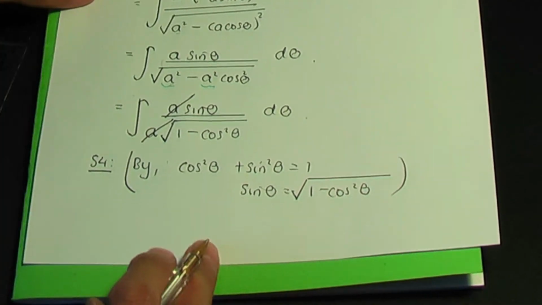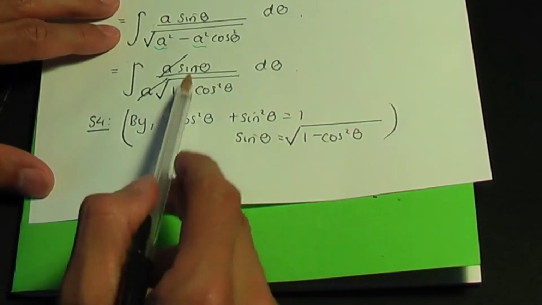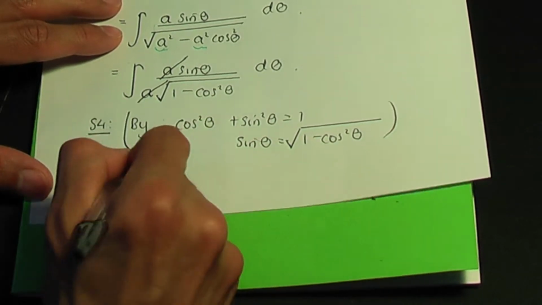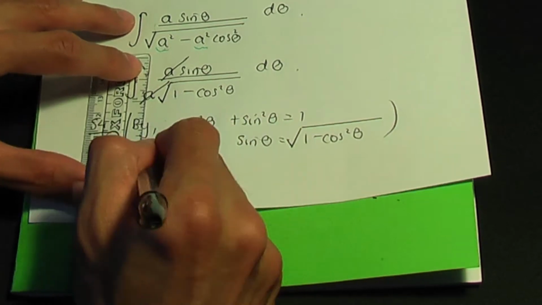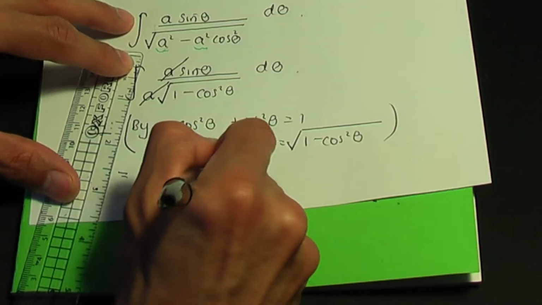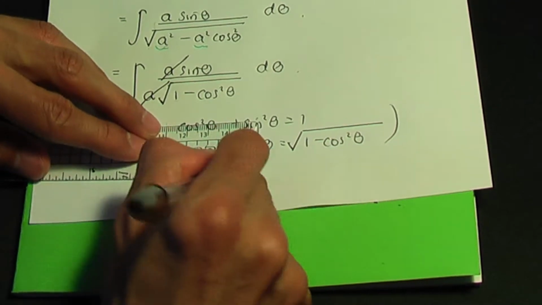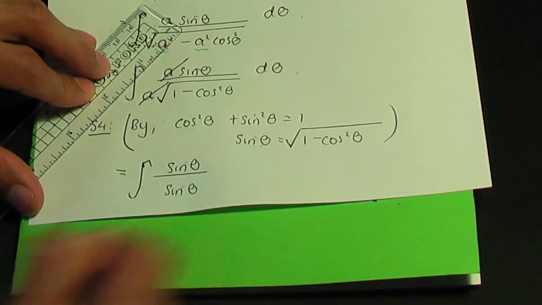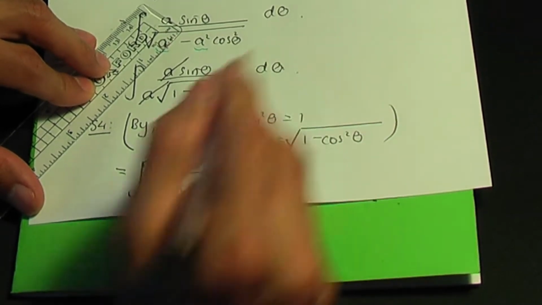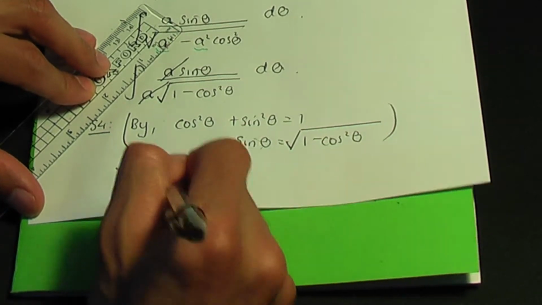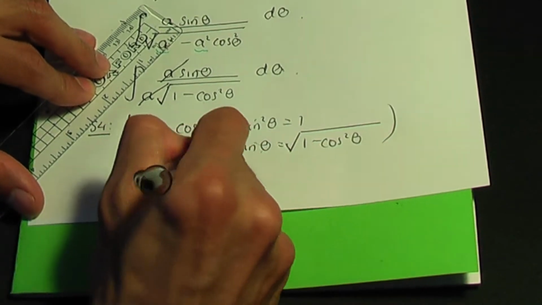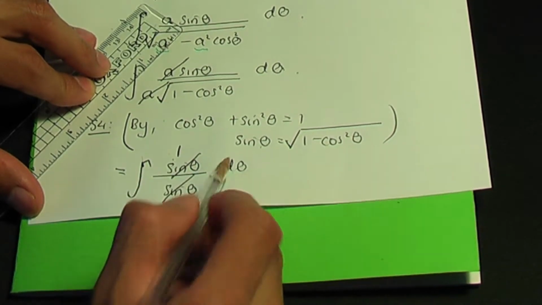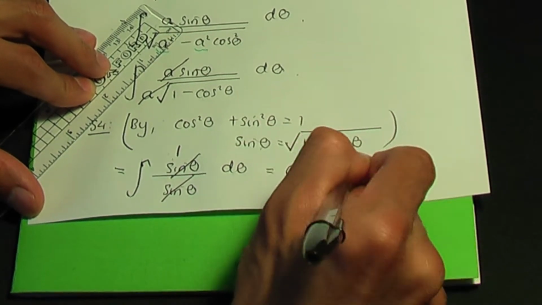And if I replace the root of 1 minus cos squared theta in this integral by sine theta, we're going to have the integral of sine theta that we have currently on top divided by sine theta in the denominator with respect to theta. Now these two sine theta terms will cancel, giving us 1 to integrate with respect to theta. And when you integrate 1 with respect to theta, it's theta plus c.